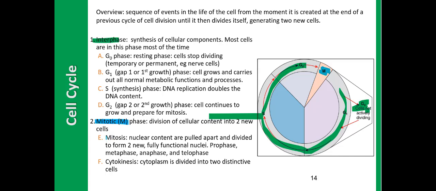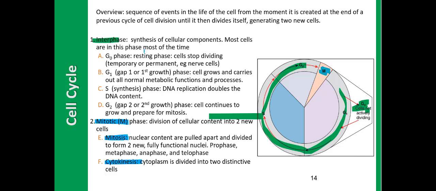The M or mitotic phase includes mitosis, which is the division of the nucleus, as well as cytokinesis, which is the division of everything else in the cell in order to create 2 identical cells.